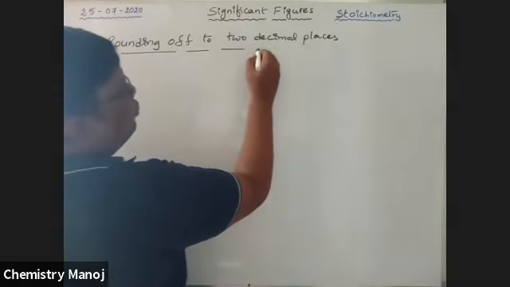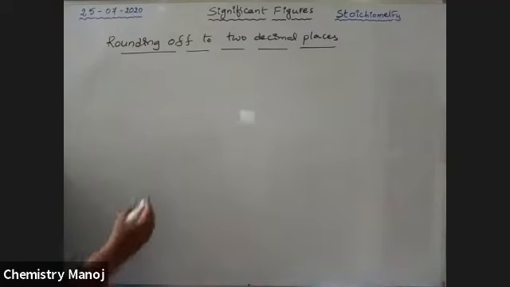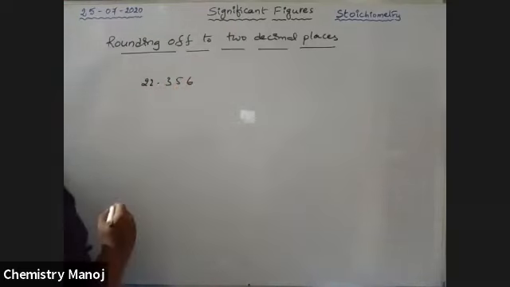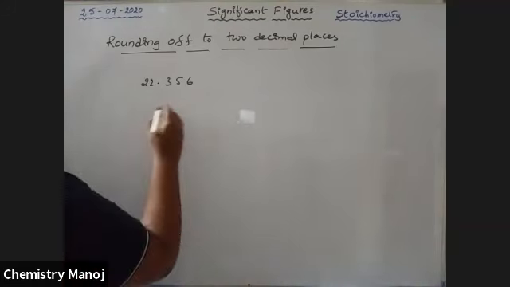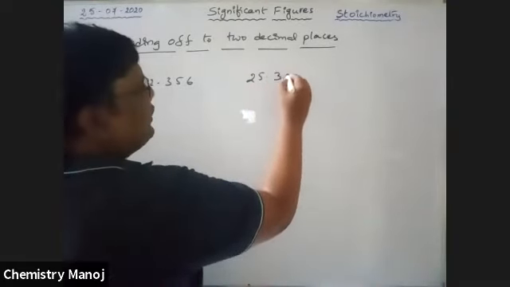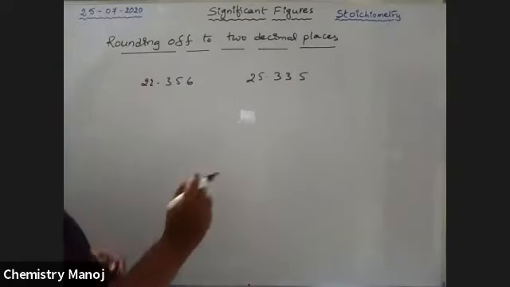I'm trying to round off values to two decimal places, where more than two decimal places are there. For example, 22.356. Next, 25.335. Next, 25.325. Next, 22.354. These are certain values.